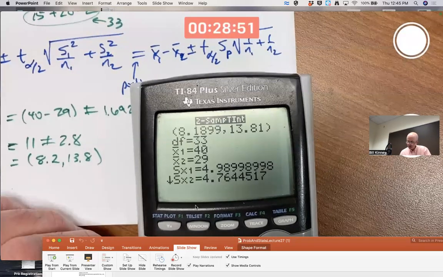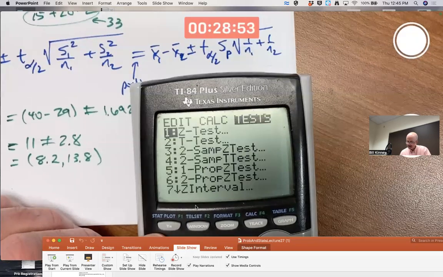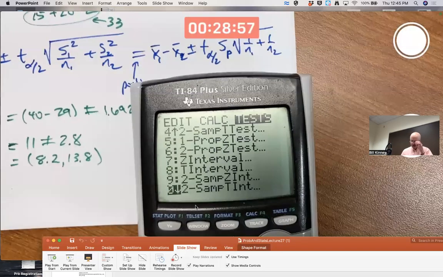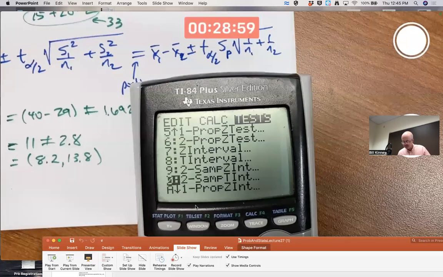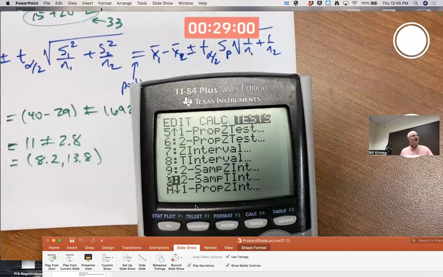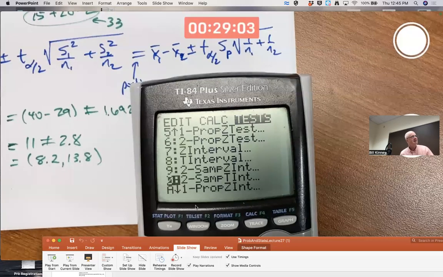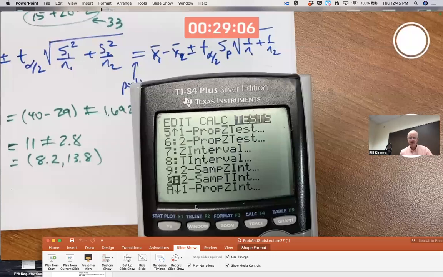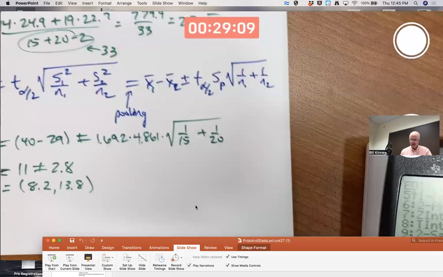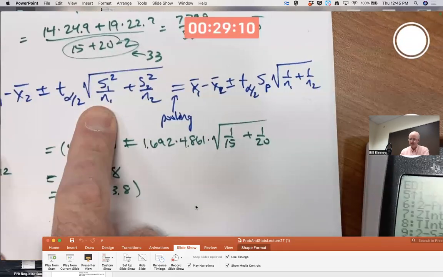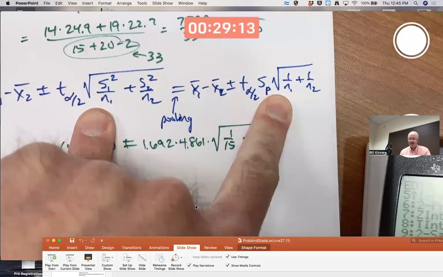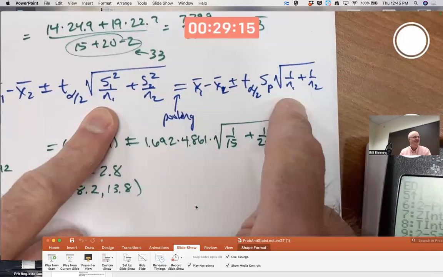What would we get if we don't pool? Let's try it out. Hopefully it's not too much different. Is it going to be bigger or smaller for the confidence interval? It depends on what the degrees of freedom ends up being, I think. It's not just based on the degrees of freedom, though, because you use this formula instead of this one.